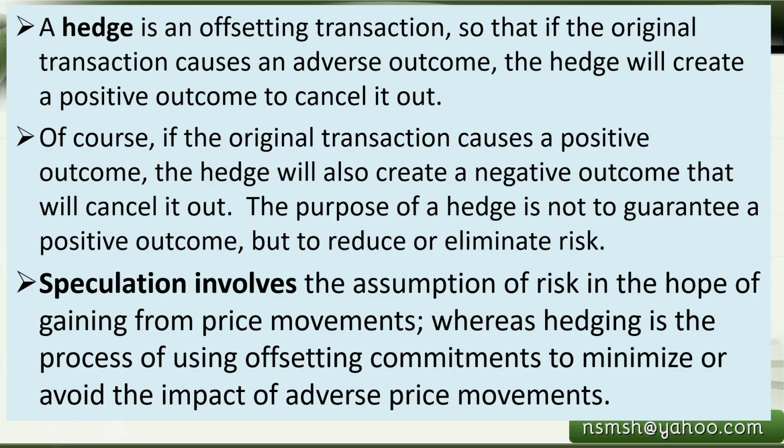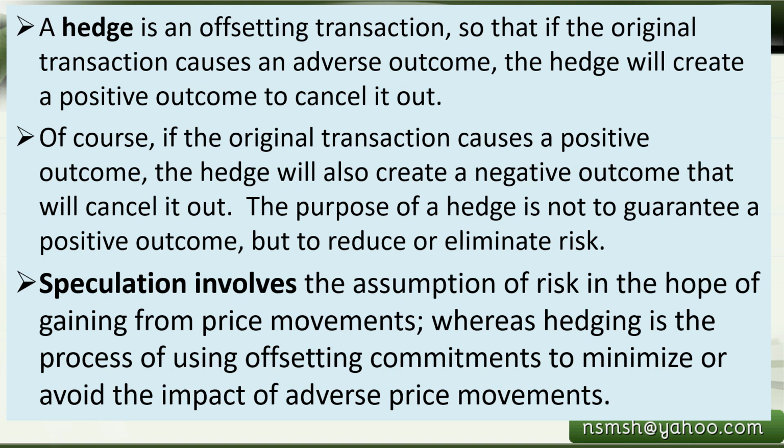A hedge is an offsetting transaction to cover the risk, so that if the original transaction causes an adverse outcome, the hedge will create a positive outcome to cancel it out. And of course, if the original transaction causes a positive outcome, the hedge will also create a negative outcome that will cancel it out.